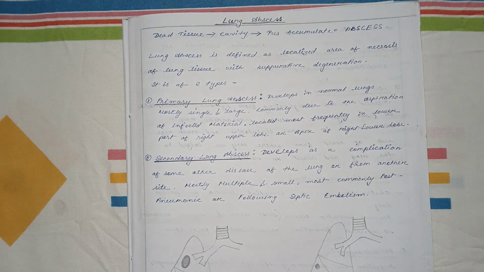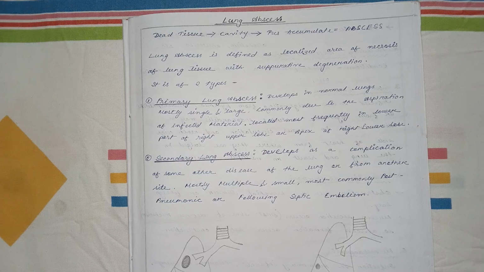It is of two types: primary lung abscess and secondary lung abscess. Primary lung abscess develops in a normal lung, is mostly single and large, and is commonly due to aspiration of infected material.